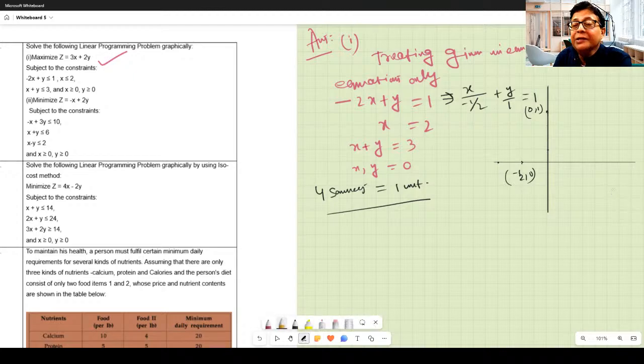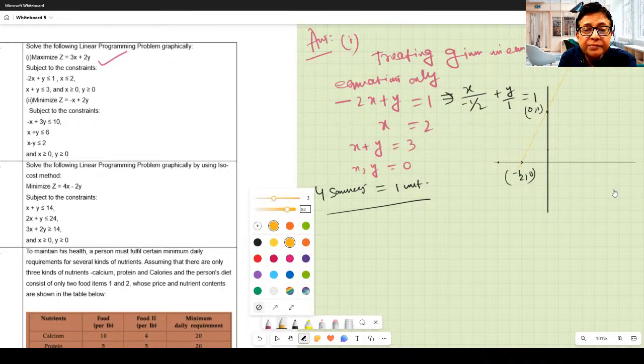If you draw the line, it's going to be like this. This is the line. This line is minus 2x plus y equal to 1, make it a bit thicker. This point we have taken A, this one B, and A is minus half, 0, B is 0, 1.